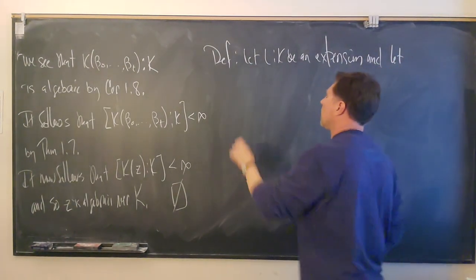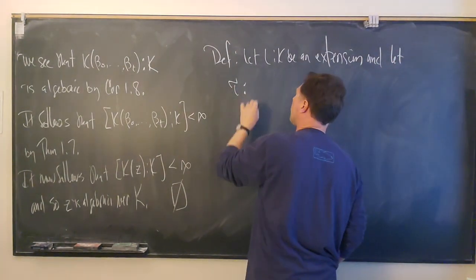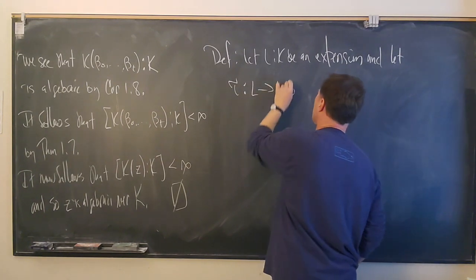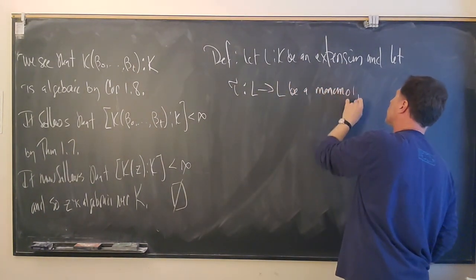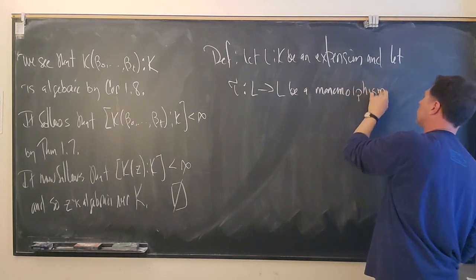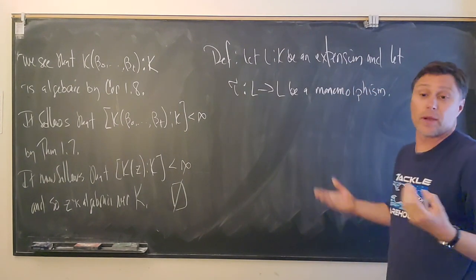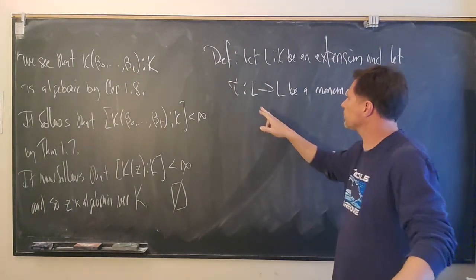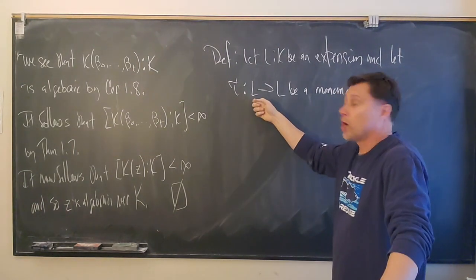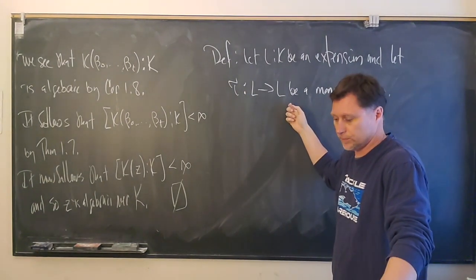Let tau from L to L be a monomorphism, in the ring sense, or field sense if you like. So it is a one-to-one homomorphism from L to L.